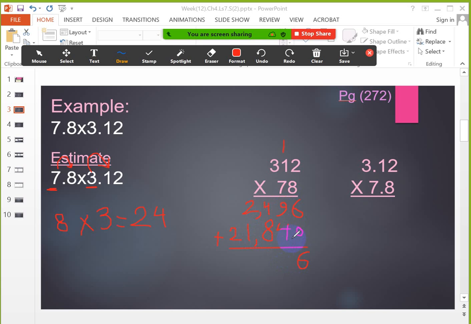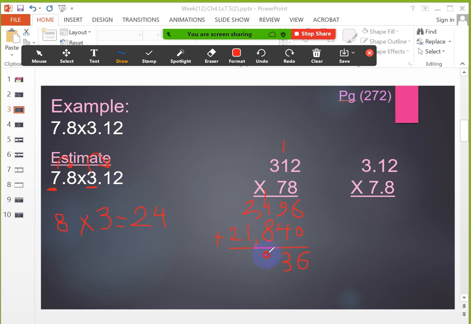9 plus 4. Put 9 in your mind and 4 on your fingers. Count after 9: 10, 11, 12, 13. Very good. So it will be 3 here and 1 above that. Hundreds: 1 plus 4 is 5. 5 plus 8 is 13.